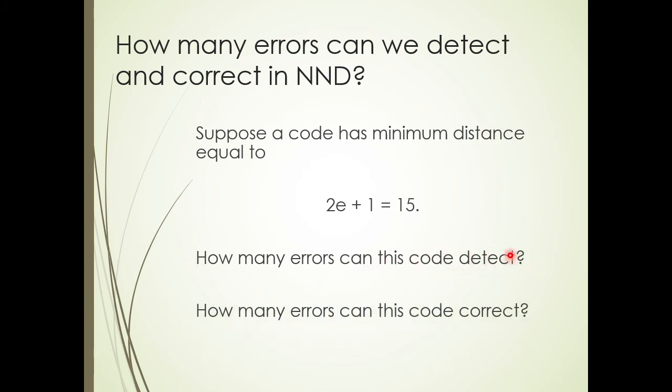So the answer to the first question is 14. Now, what about the number of errors this code can correct? We saw from the previous slide that it can correct up to e errors. So solving for e in this equation, we have e equals 7. So the answer to this question is 7.